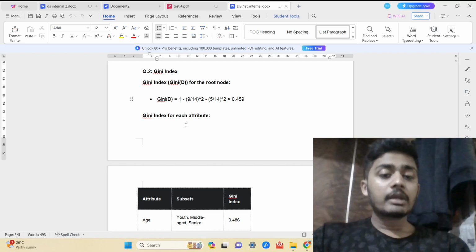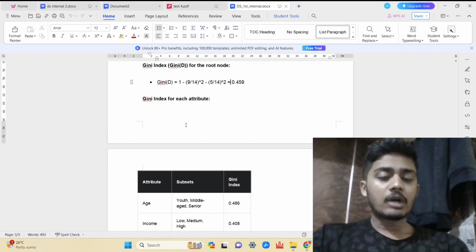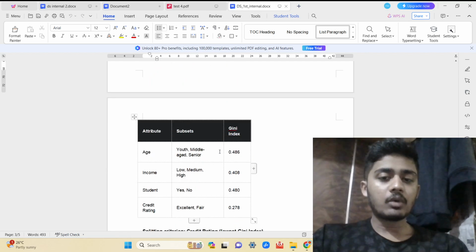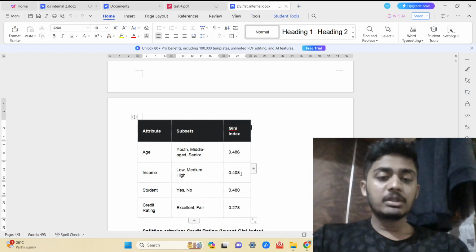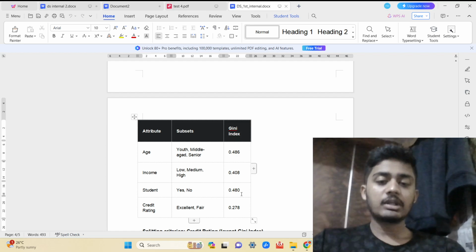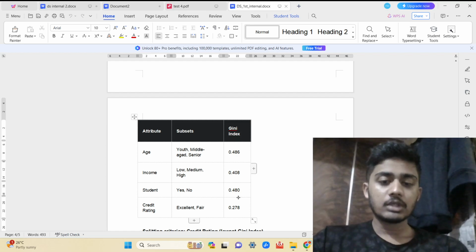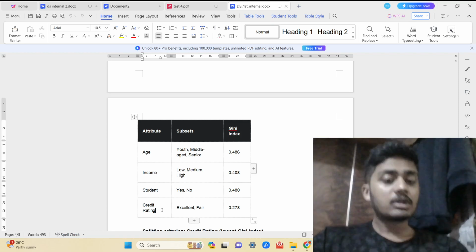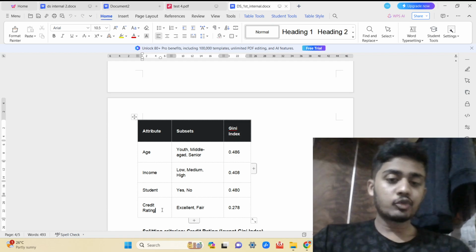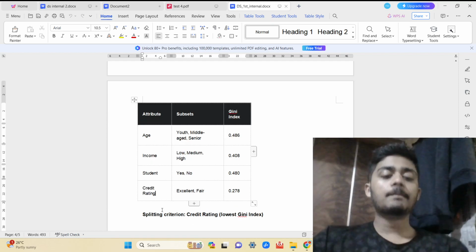Then we calculate the Gini index for each attribute. After calculating the table, we find the Gini index values in these categories, and the Gini index with the highest value will be the root node. Sorry, the smallest Gini index will be the root node. So here it is 0.278, which is for credit rating. So credit rating will be the root node for the decision tree, as we saw earlier with the help of information gain.